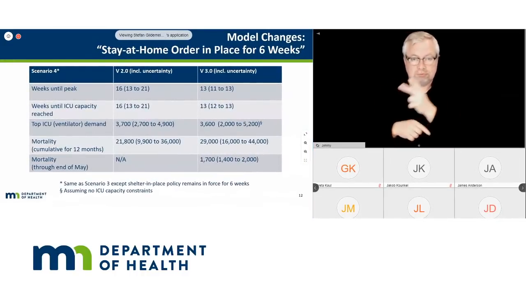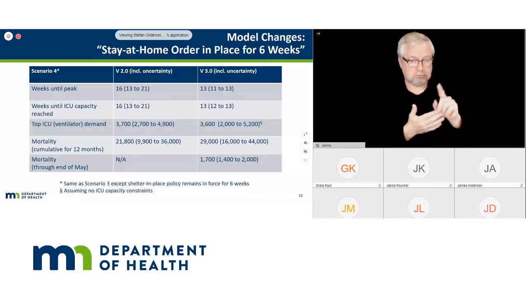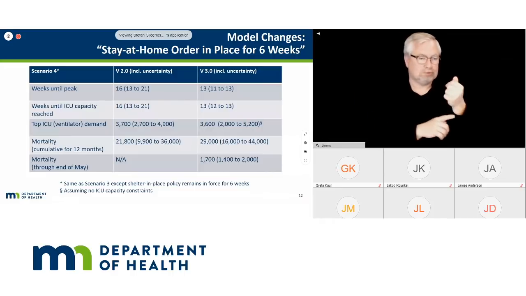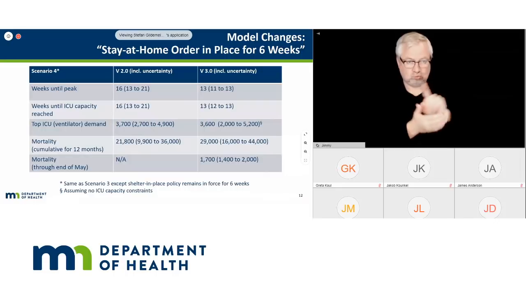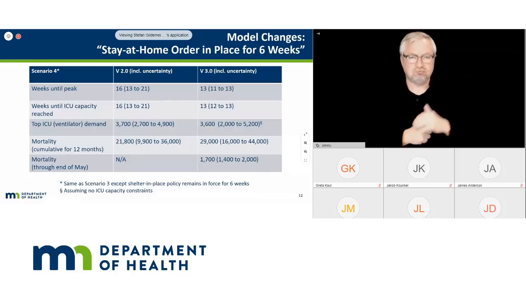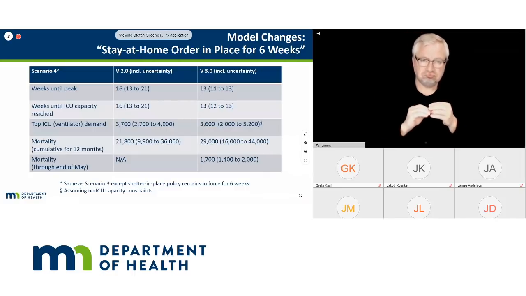So 16 weeks under version 2, 13 weeks instead of 16 weeks, so shorter time till peak. Not much change in ICU or ventilator demand, a modest increase in mortality, and certainly one that is within the bounds of uncertainty under model 3.